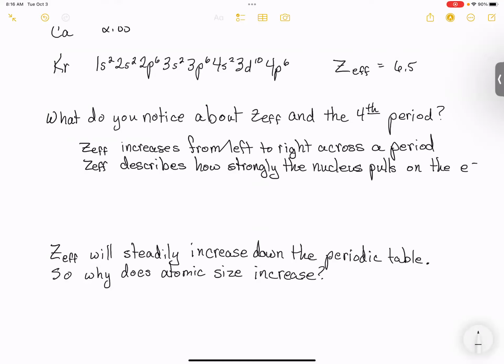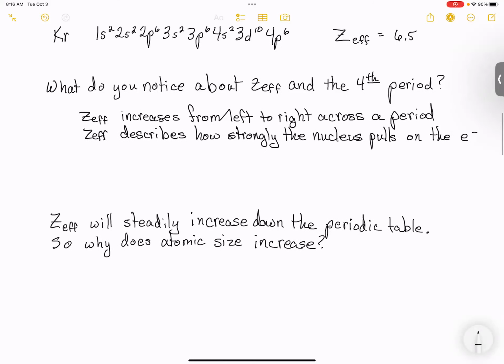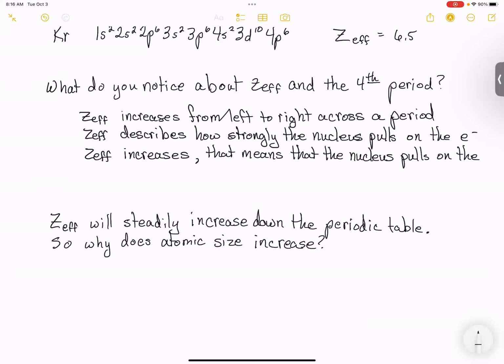So since Z effective increases, that means that the nucleus pulls on those outer electrons more effectively.